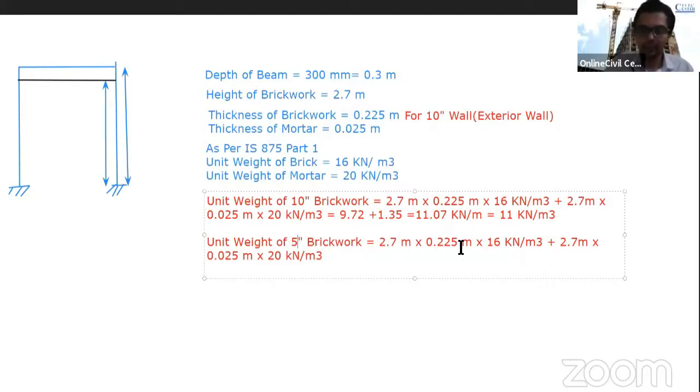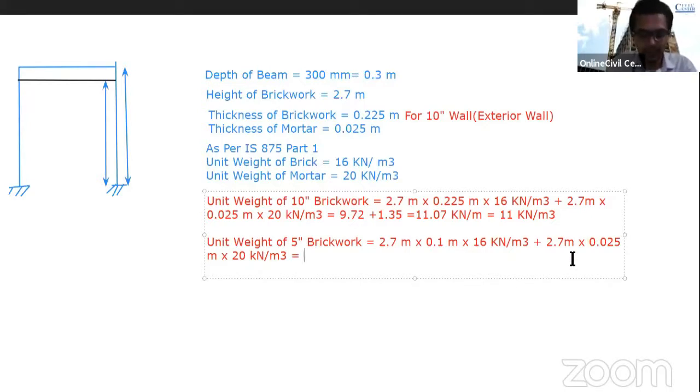So if we go for 125 mm, it will be 0.1 here, and this particular plaster thickness will also be less, because both are the inner faces. But let's go with this. We'll just reduce the value a bit.